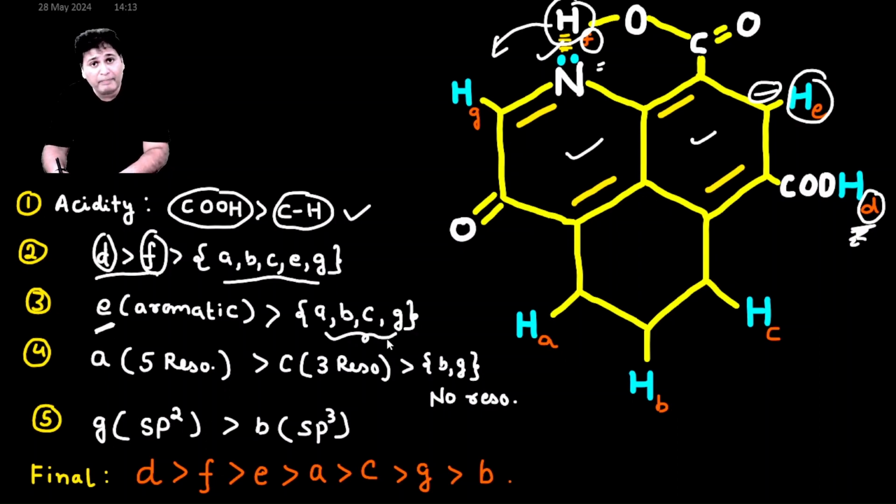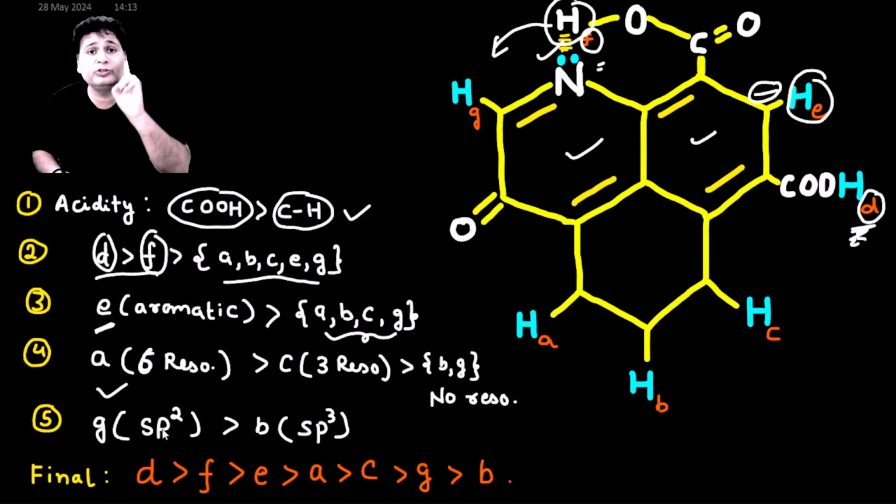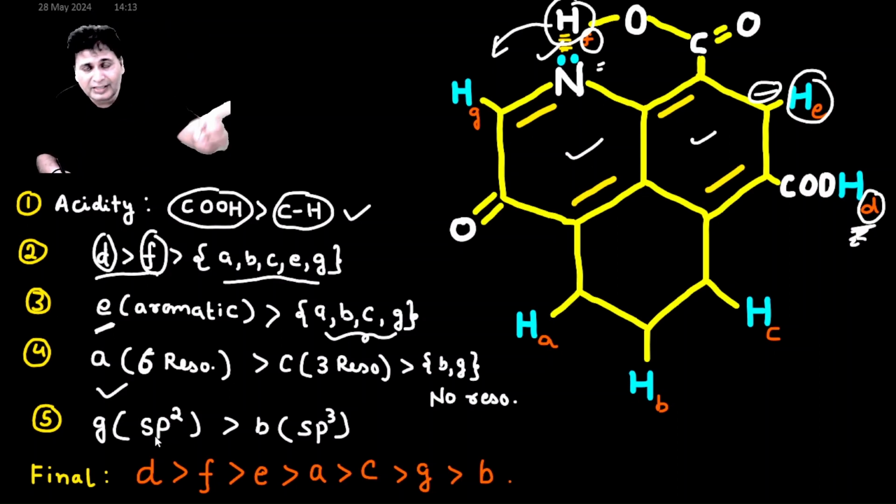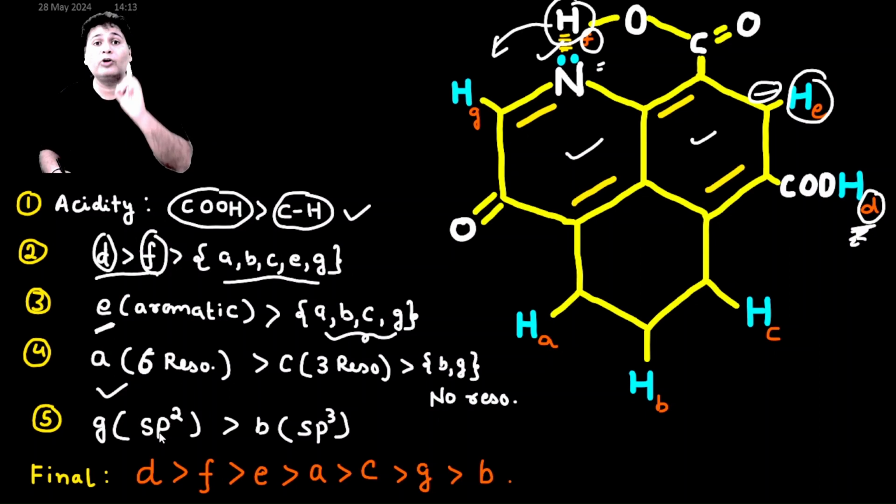Now amongst A, B, C and G, A is at the top. Why? Because you have seen we had drawn 6 resonating structures. You can revisit the slide. For the A anion, we had drawn 6 resonating structures. So there was an extensive delocalization, but aromaticity was not coming.